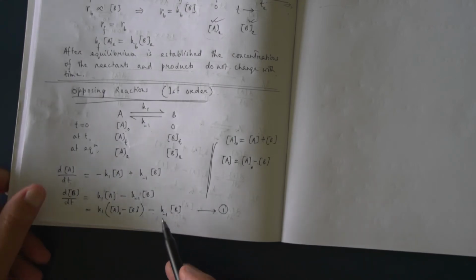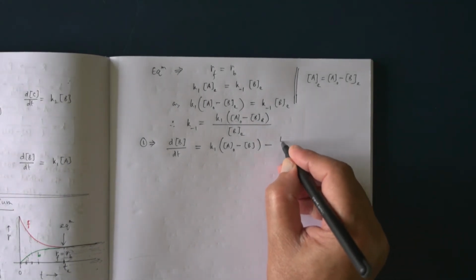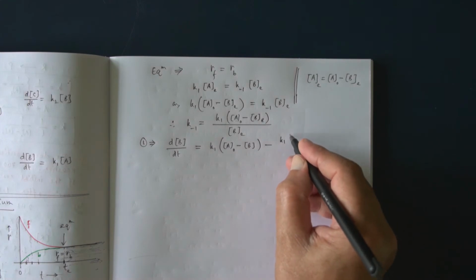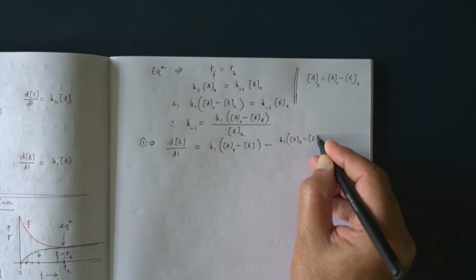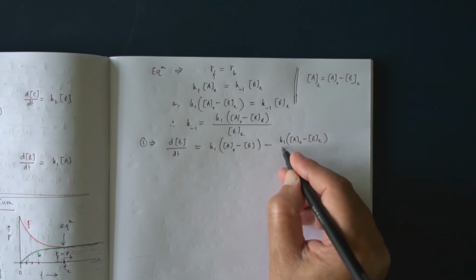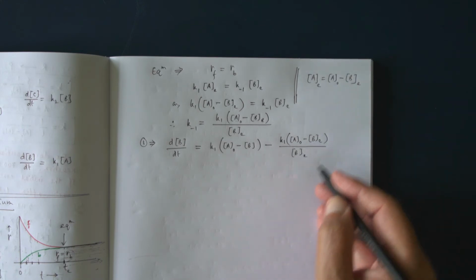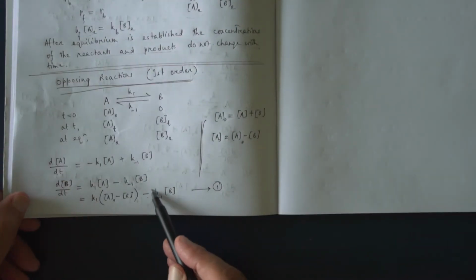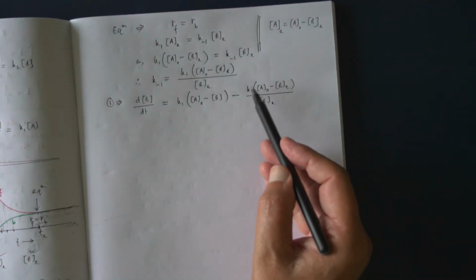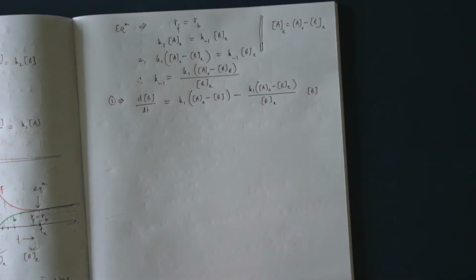Now for k minus 1 I will write k1 (a naught minus b) by b. For k minus 1 I am writing this. Then we have this b. Okay, so we are writing this.